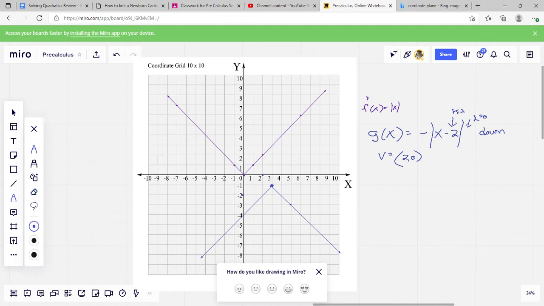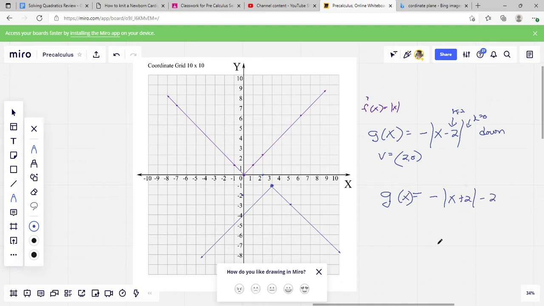Alright, and then if we had g of x equals negative absolute value of x plus 2, minus 2.